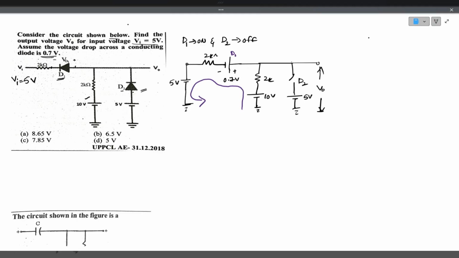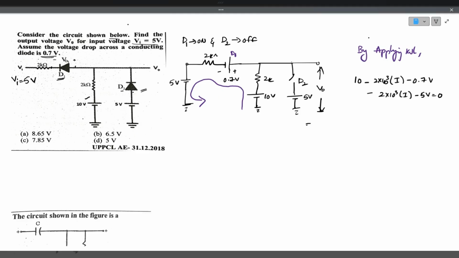This is diode D1. Now by applying KVL, Kirchhoff's voltage law, you can write the equation: 10 volts minus 2 into 10 to the power of 3 multiplied by current I, minus 0.7 volts, minus 2 into 10 to the power of 3 into I, minus 5 volts is equal to 0.